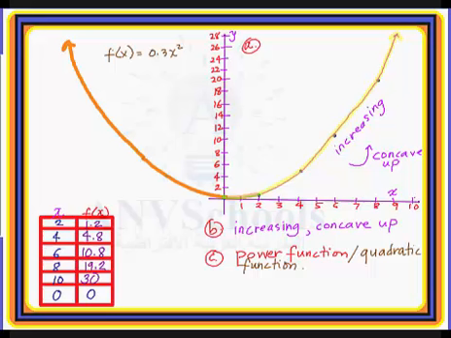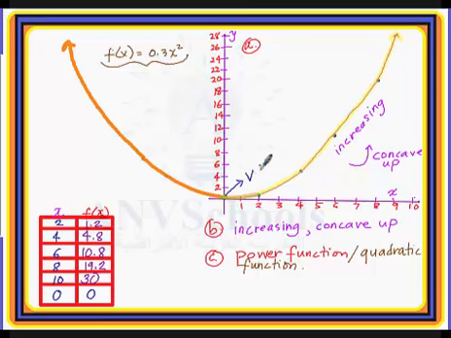So for the given function with the table 2, 4, 6, 8, 10 and 1.2, 4.8, 10.8, 19.2 and 30, it seems that it could be an exponential function. But when we take the whole graph together with this function 0.3x squared in letter A, now this is a quadratic function with vertex occurring at 0, 0, right?